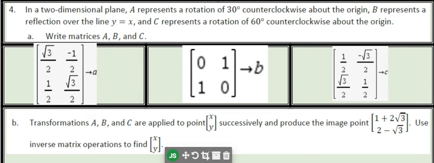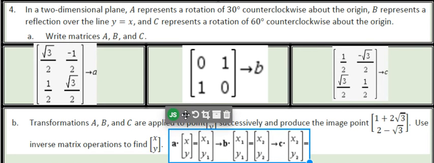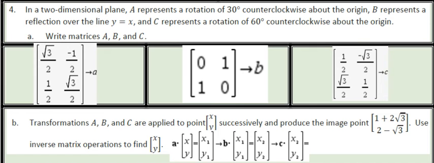So when they say successively, here's what's really happening. First, they did A to the point xy, and we get x1, y1.